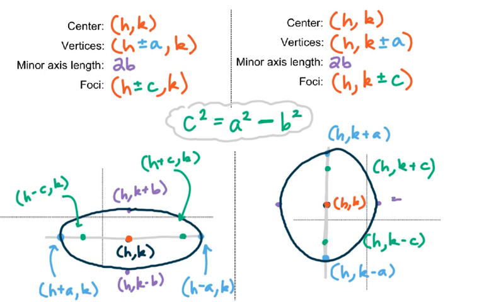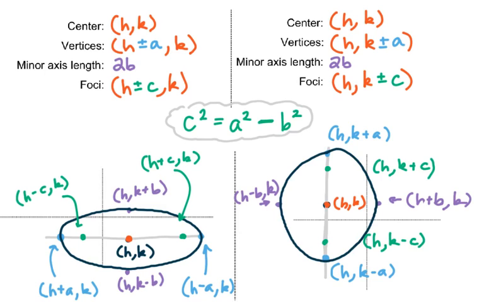And if I were to write the two b values, the minor axis vertices, that would be h, and since I shifted horizontally, that'd be h plus or minus b. So this would be (h plus b, k), and over here we have (h minus b, k).